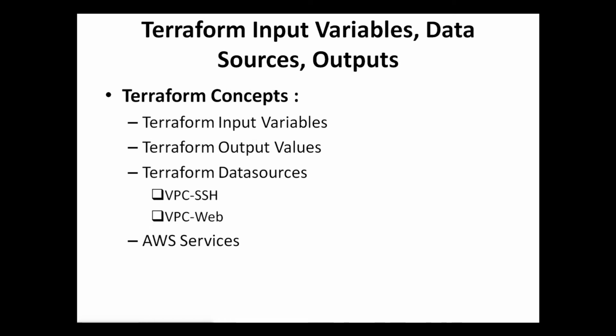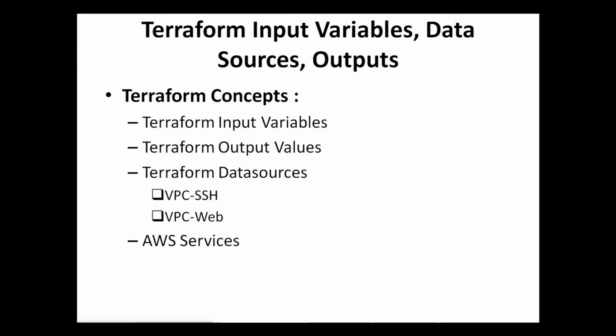Earlier we used default security groups. Here we will also create two resources, which is nothing but VPC-SSH and VPC-web security group resources, so that those can be used to access the EC2 instances.